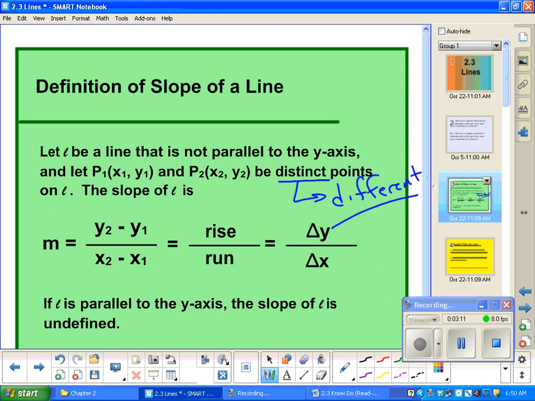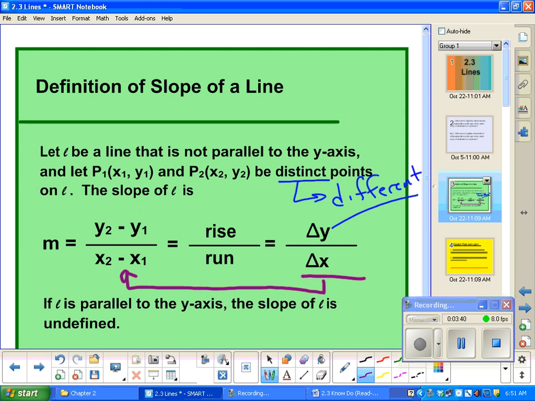If we're on the graph, we would still use rise over run. I know that it is very old, and that's where we started, but it's still valuable. And then we could also use delta y over delta x, delta, the Greek letter meaning change. That's basically a shorthand version of this one right there. We just don't have to write it all out. If the line is parallel to the y-axis, the slope of L is undefined.